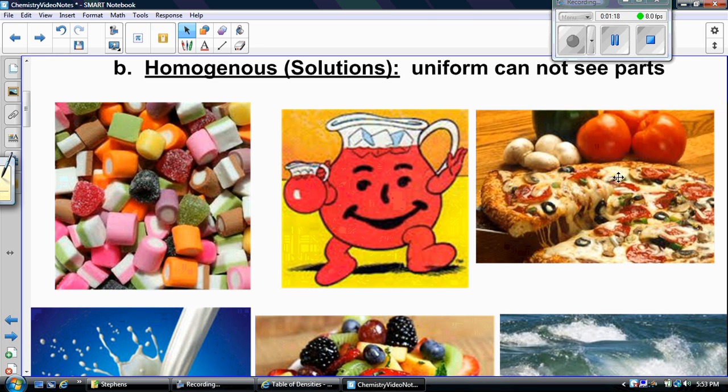Pizza. You can see all the separate parts that make up a pizza. We've got black olives and pepperonis, which are my favorite on pizza. You can see the green onions, the peppers, mushrooms, which those three things are not my favorite. I'm pretty simple. I just like pepperoni and black olives. Since you can see all the parts of the mixtures, though, that is what makes it a heterogeneous mixture.